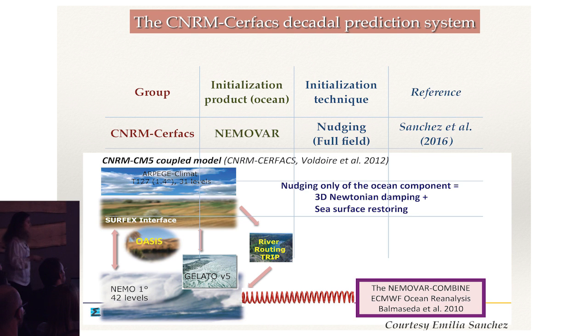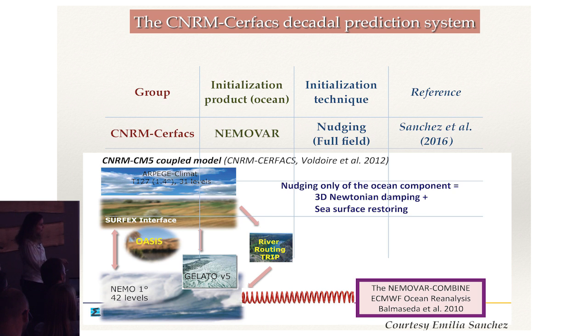So there are different types of initialization and systems. I'm just giving here an example of the CNRM-CERFACS decadal prediction system. The coupled system used at CNRM-CERFACS was Arpège-Climat, NEMO, you heard about these two models already today, and Gelato for the ice.